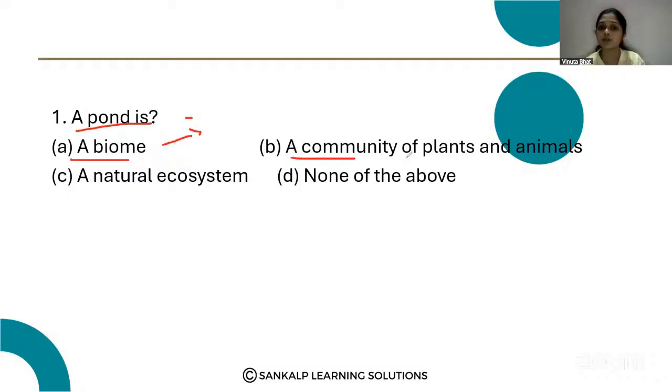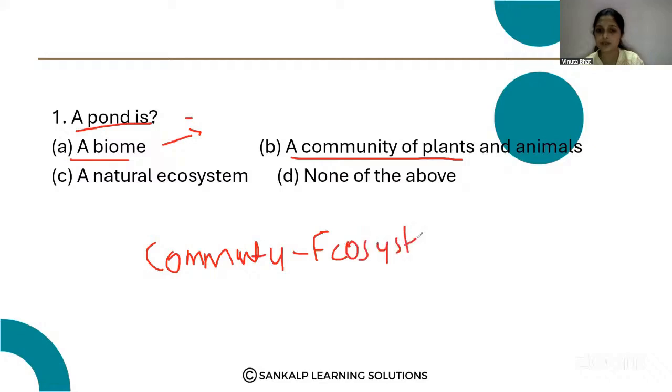A community of plants and animals. So here you should know, different plant and animal communities together form the ecosystem. Different types of ecosystem, pond, lake, forest, together they form the biome.